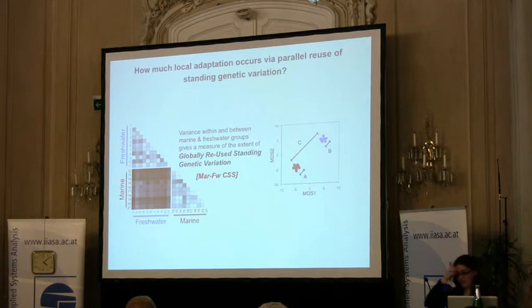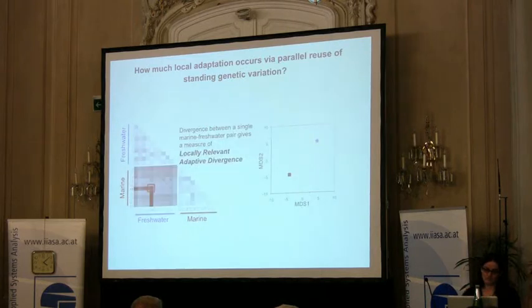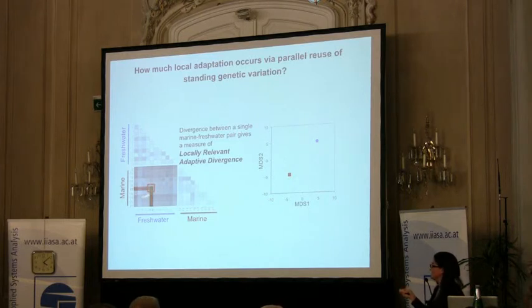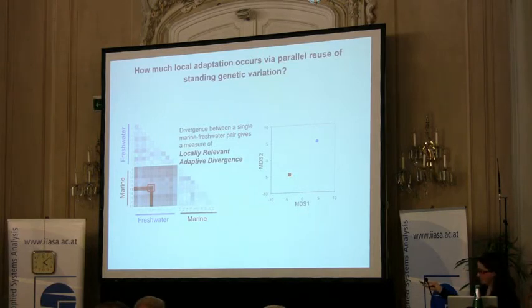I told you already about the cluster separation score, which represents the globally reused standing genetic variation, so it's measuring parallel evolution across the world. We can dive into one particular cell in the matrix, which represents divergence between a particular marine and freshwater pair on a local scale, and that represents the locally relevant adaptive divergence between those forms.